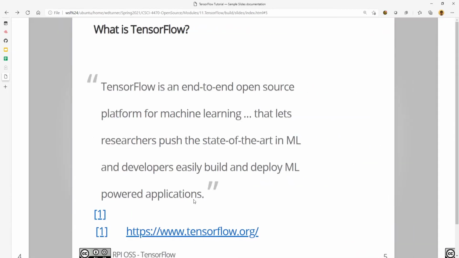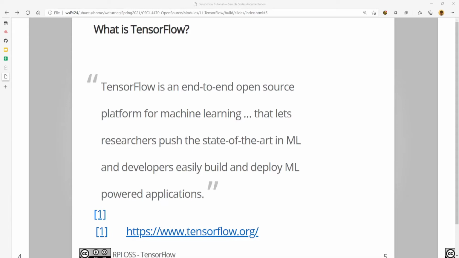All right, so introduction. So what is TensorFlow? TensorFlow is an end-to-end open source platform for machine learning. It lets researchers push the state-of-the-art in machine learning, and developers easily build and deploy machine learning-powered applications. And this is directly from the TensorFlow website. We like to refer to definitions that people give themselves whenever possible because that's kind of the world that they're living in.